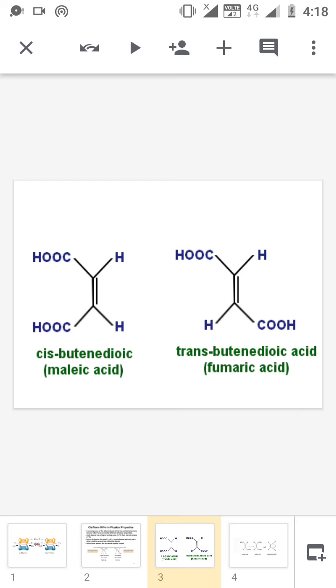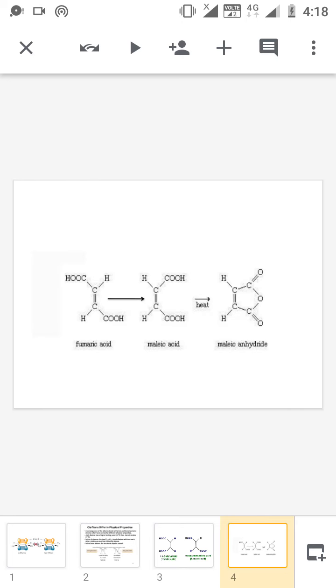And next, while we are heating fumaric acid, it does not give the anhydride. Normally, a dicarboxylic acid, while heating, will give the anhydride. For example, if you heat phthalic acid, it will readily form phthalic anhydride.